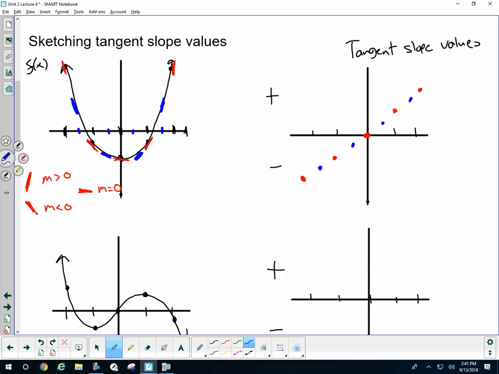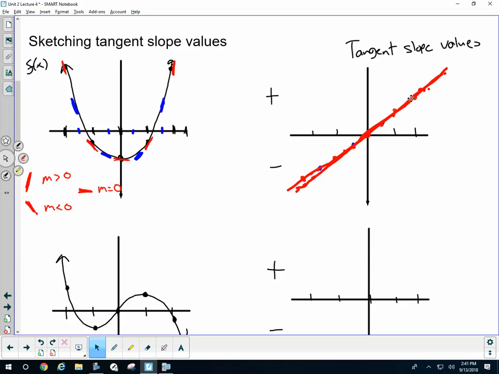So it looks like I can connect these because I could continue to plot more and more slopes and all of my points would end up being on this line. Okay? Now, this is very interesting.